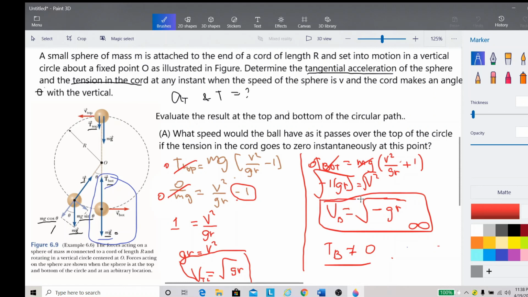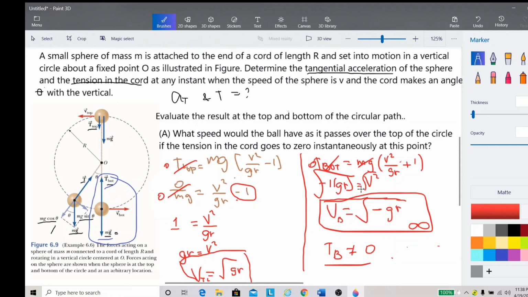Hindi rin pumapayag yung equation natin na magiging zero yung tension at the bottom at hindi rin talaga mangyayari sa actual analysis na magsisiro yun dahil kapag nagsiro yun ay putol yung ating kable. Sa taas pwedeng magsiro. So kung nagsiro yan, the velocity is square root of gr. So yun lang yung key takeaways natin dyan.